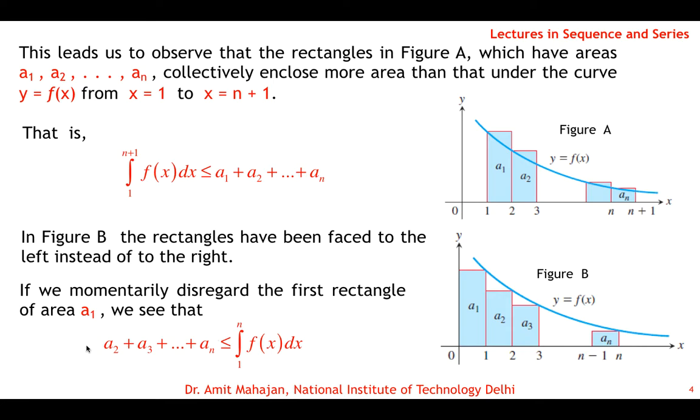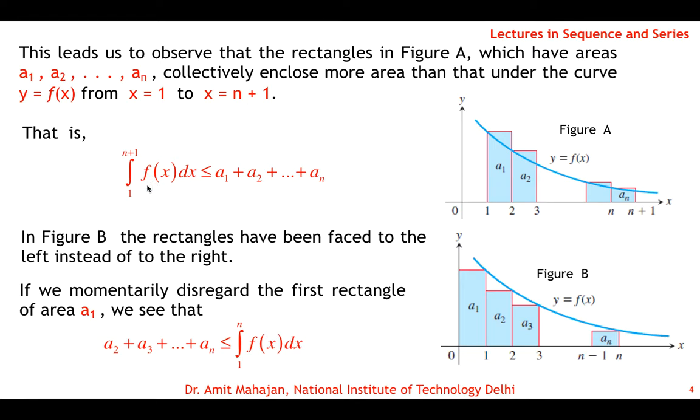So a1 plus a2 plus a3 plus so on an will be less than or equal to a1 plus this integral. So a1 we can add on both sides, and from these two inequalities, this integral is less than a1 plus a2 plus an, and we have added a1 here, which is less than this integral.